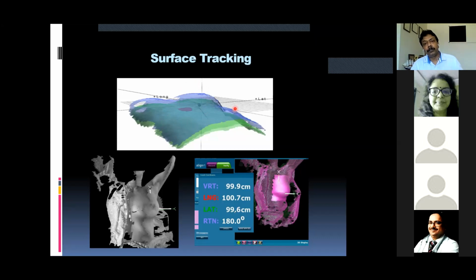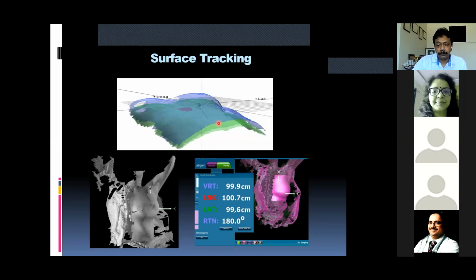So this will be the near future of image guidance, and this type of technology will help the patient treatment properly, and during treatment we can also adjust the patient, and the image guidance can be done using this surface tracking.